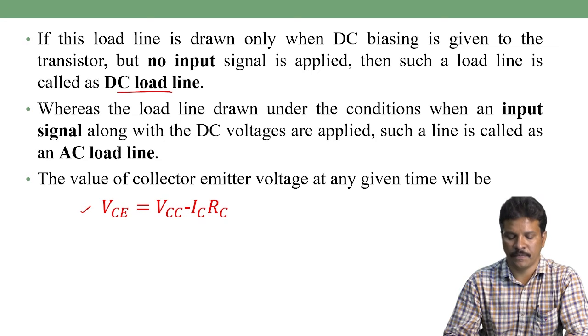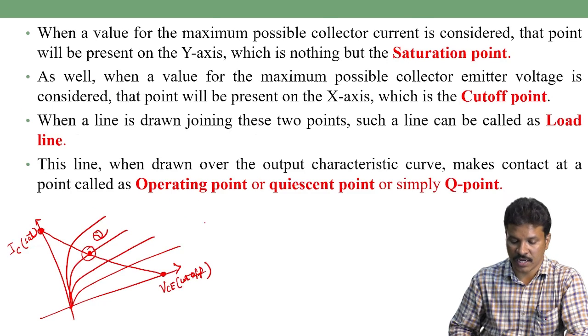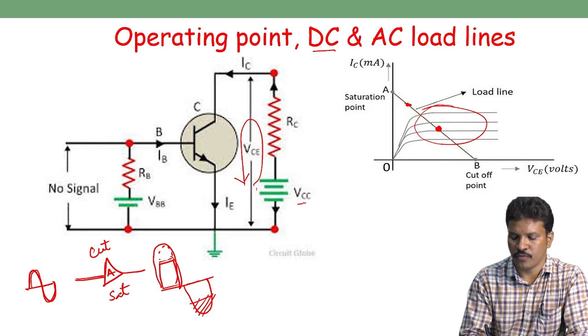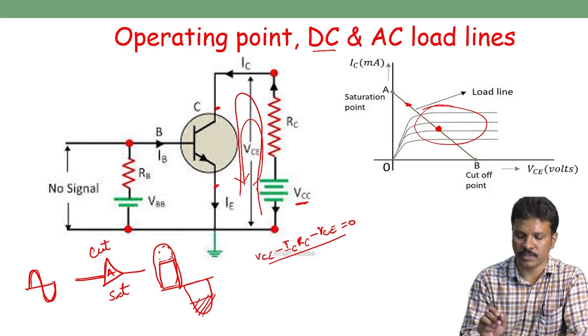Applying it to this loop, one source is there, VCC, minus the current flowing in RC, which is IC into RC, the voltage drop across RC, minus VCE, the potential between collector and emitter, is equal to 0. The algebraic sum of all voltages in the loop is equal to 0.